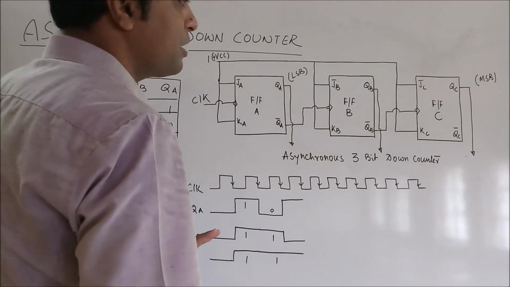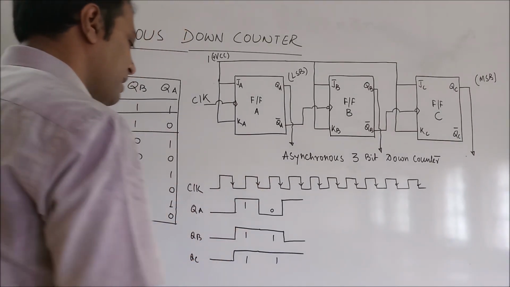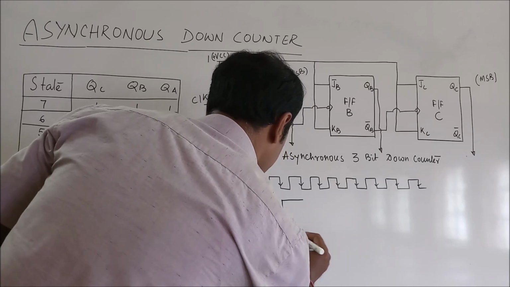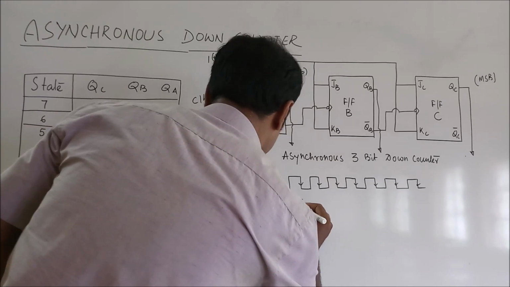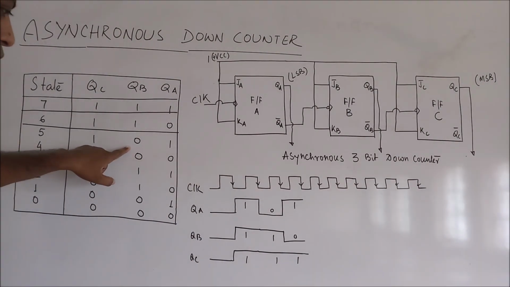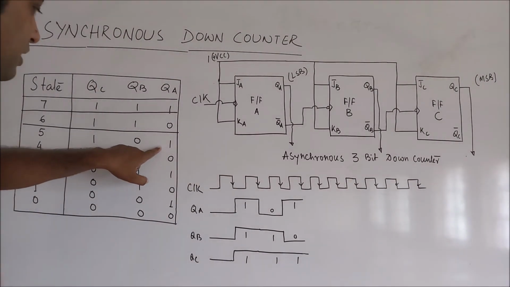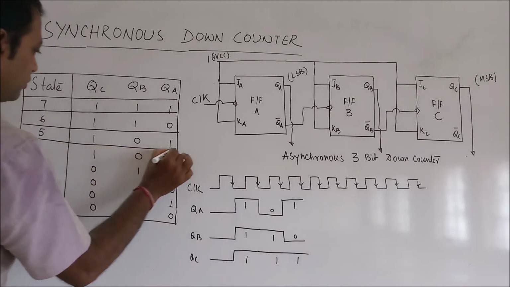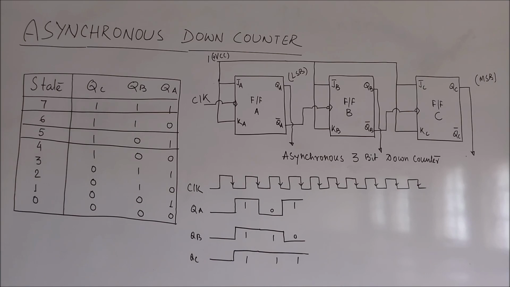QB bar is 1 means QC remains in the same state. So here QC is 1, QB is 0 and QA is 1. So the third output matches. Similarly, we will go for the next clock pulse.